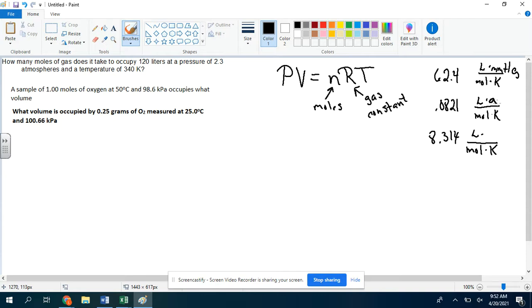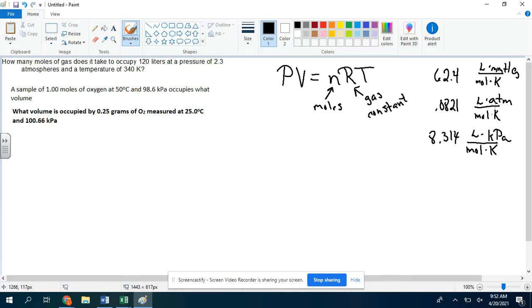This one is ATM, and then this one is kPa. So if they gave you your pressure in kPa, you would want to use this gas constant for R. If they gave it to you in ATM, you would want to use this constant for R because it would match up to your pressure units.